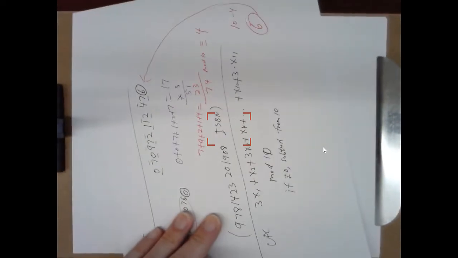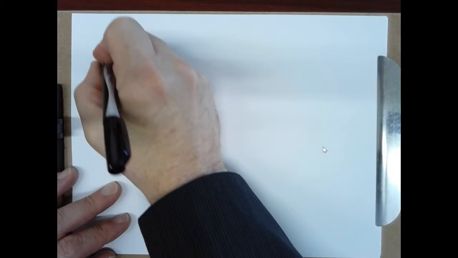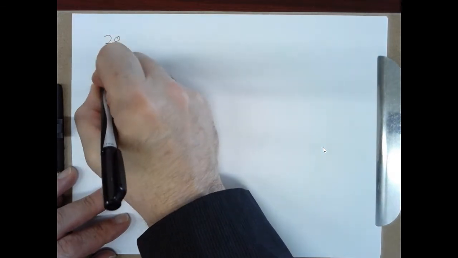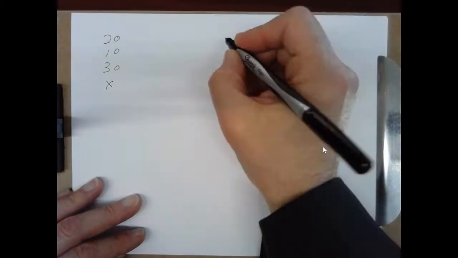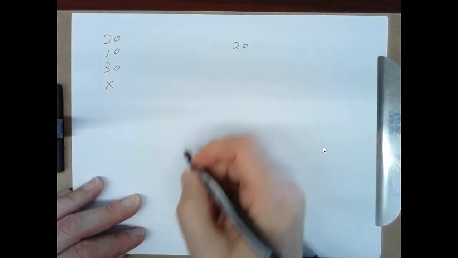So let's see what this looks like. Suppose you type in the numbers 20, and then 10, and 30, and then you say X. When you type in a 20 with an initially empty tree, that's going to have to become the root.